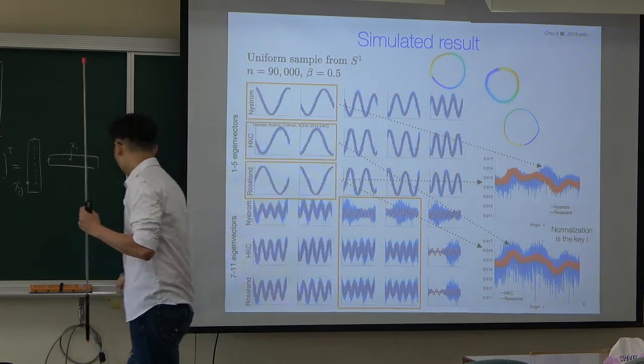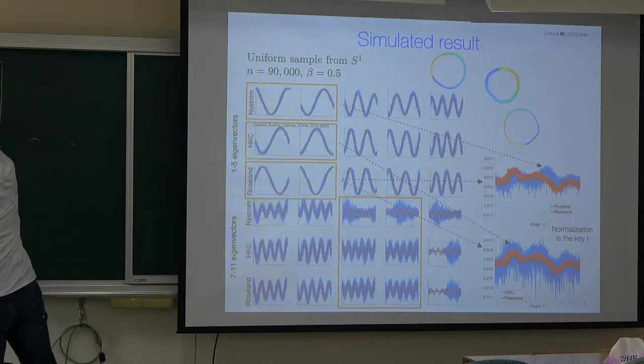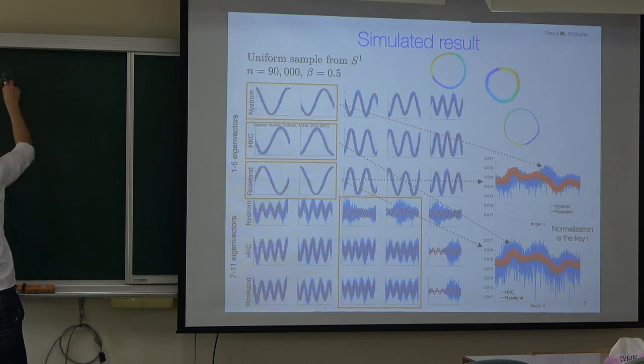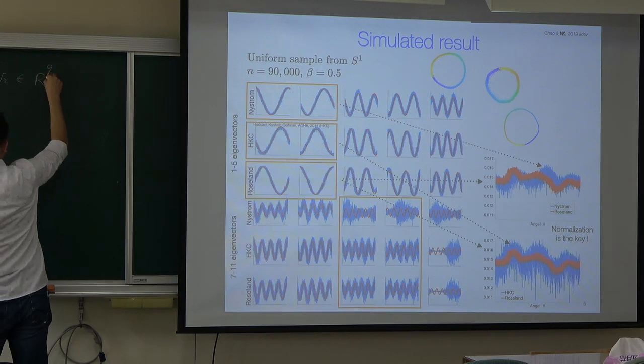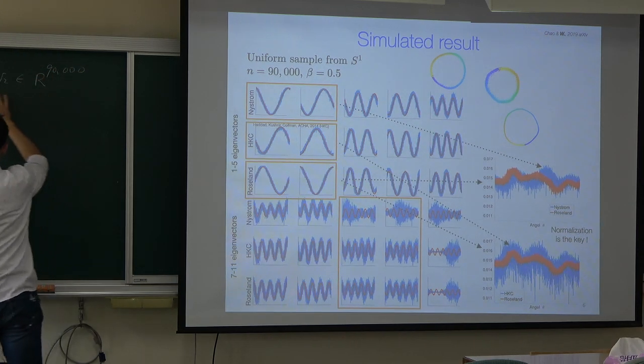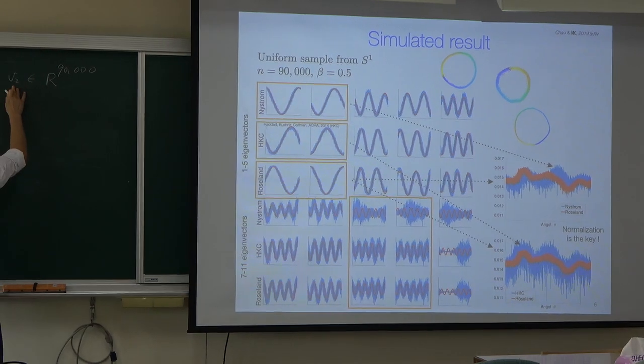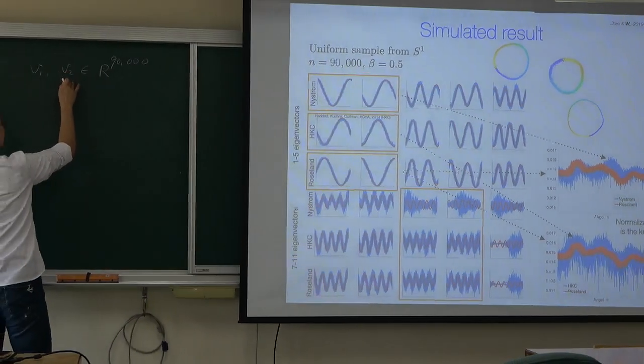That is, suppose we have V1 and V2, or these are top two eigenvectors evaluated from either Roseland, Nystrom, or HKC.